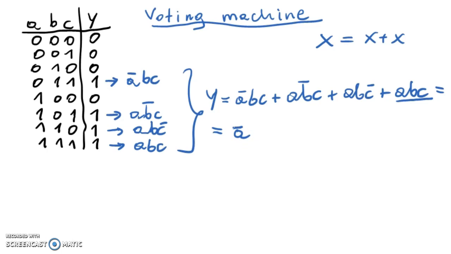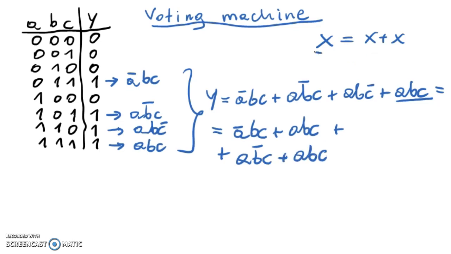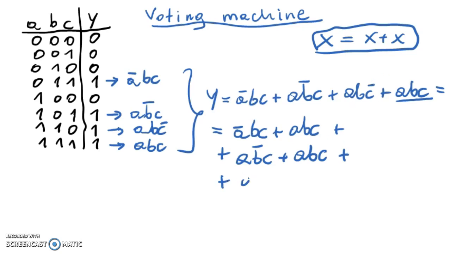I will replace the order of the products. Not A, B, C is the first one, plus this ABC, plus in the second row A, not B, C, plus again ABC, because I can do this on this basis. It is a theorem, of course. And then let's repeat for the third one: A, B, not C, and again ABC. That's the same. For now, it is not simplified.